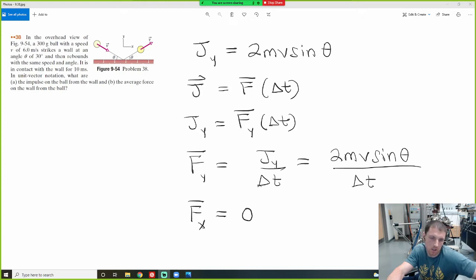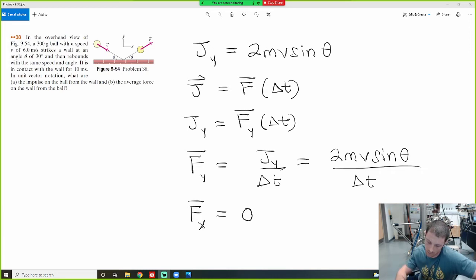So to solve for what they're asking for here, it would be the same result that we found for F sub y bar, but you would just put a negative sign in front. Hopefully that's clear, but feel free to reach out if you have any questions about this. And hopefully this is helping to make these ideas about momentum and impulse and the force a little bit clearer.